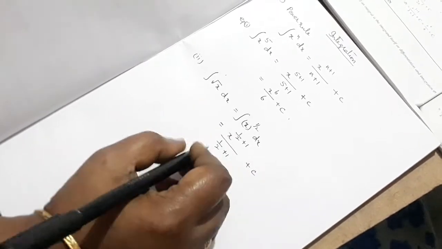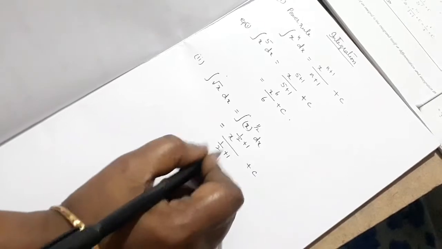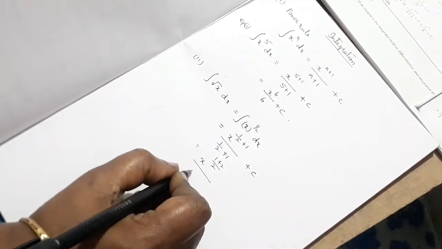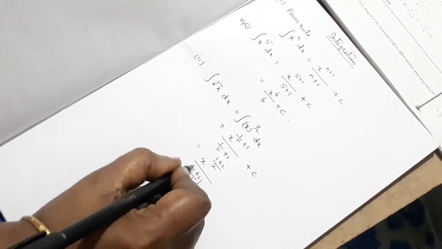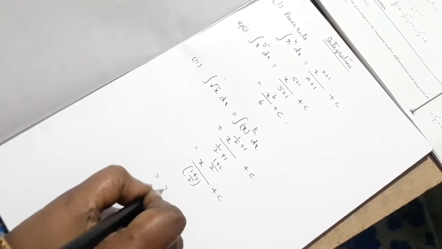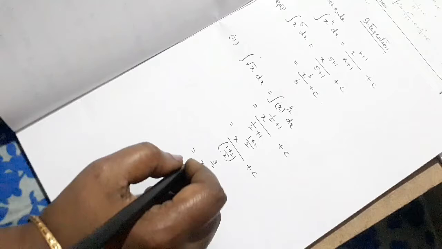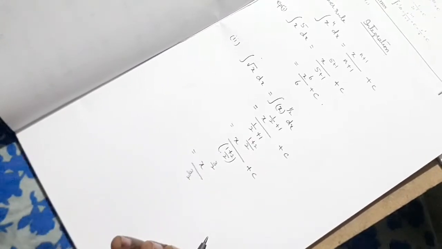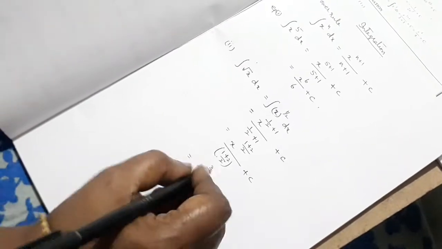Take the LCM: x to the power 1 plus 2 by 2, divided by 1 plus 2 by 2, plus c. This you can write as x to the power 3 by 2 by 3 by 2, plus c.